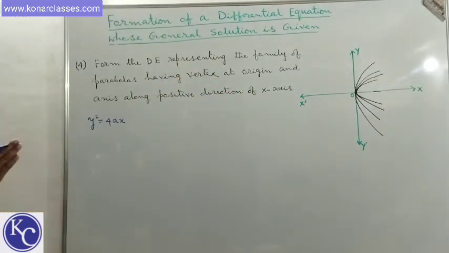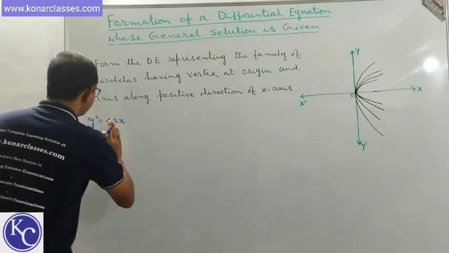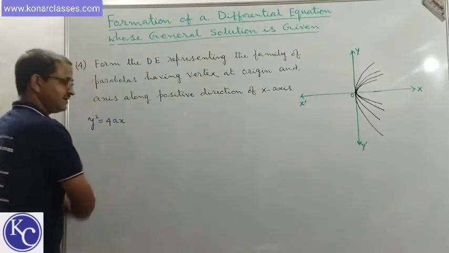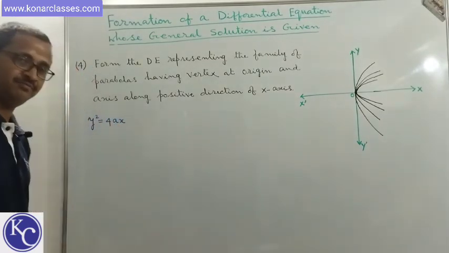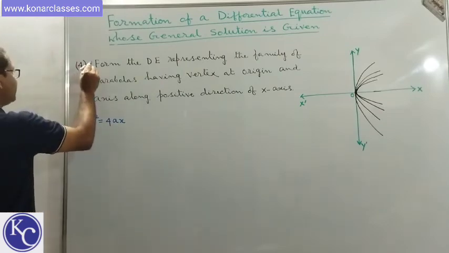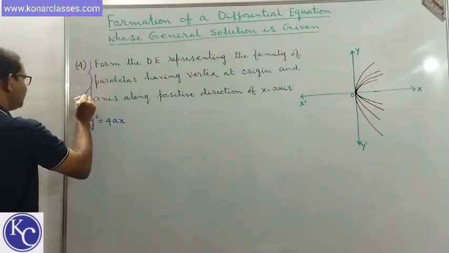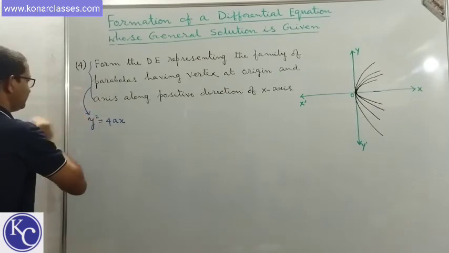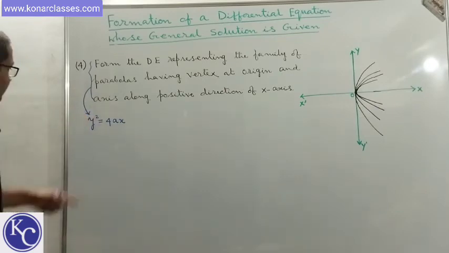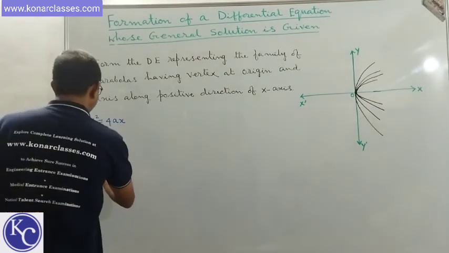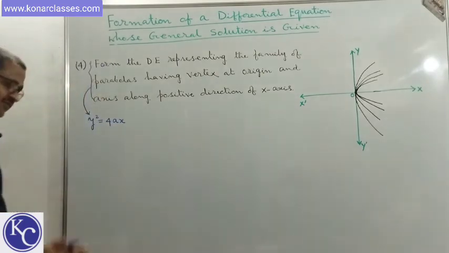What is our task? Our task is to remove, eliminate this arbitrary constant a. Whatever the problem statement says is mathematically represented by this equation. So how to eliminate the arbitrary constant? Differentiation.